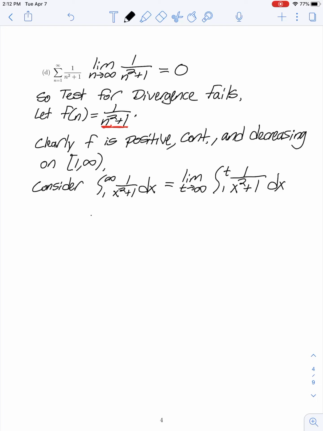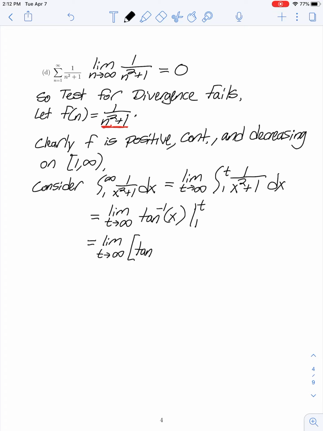Now the antiderivative of 1 over x squared plus 1 is arctangent. So we have arctangent of x evaluated from 1 to t. So we now have the limit as t approaches infinity of arctangent of t minus, when we plug in 1, we have arctangent of 1, which is pi over 4.